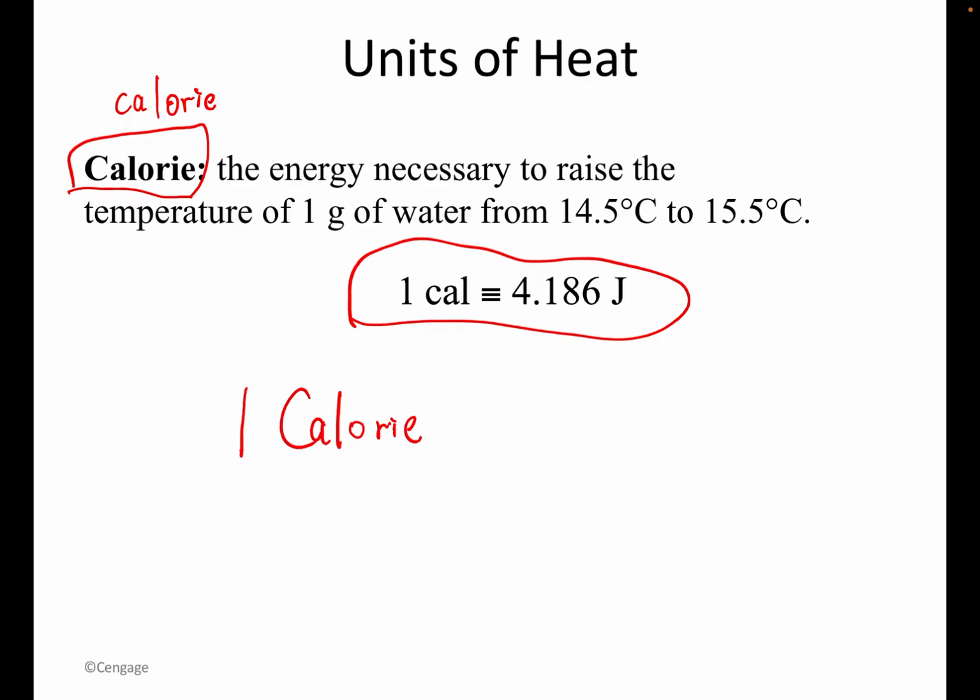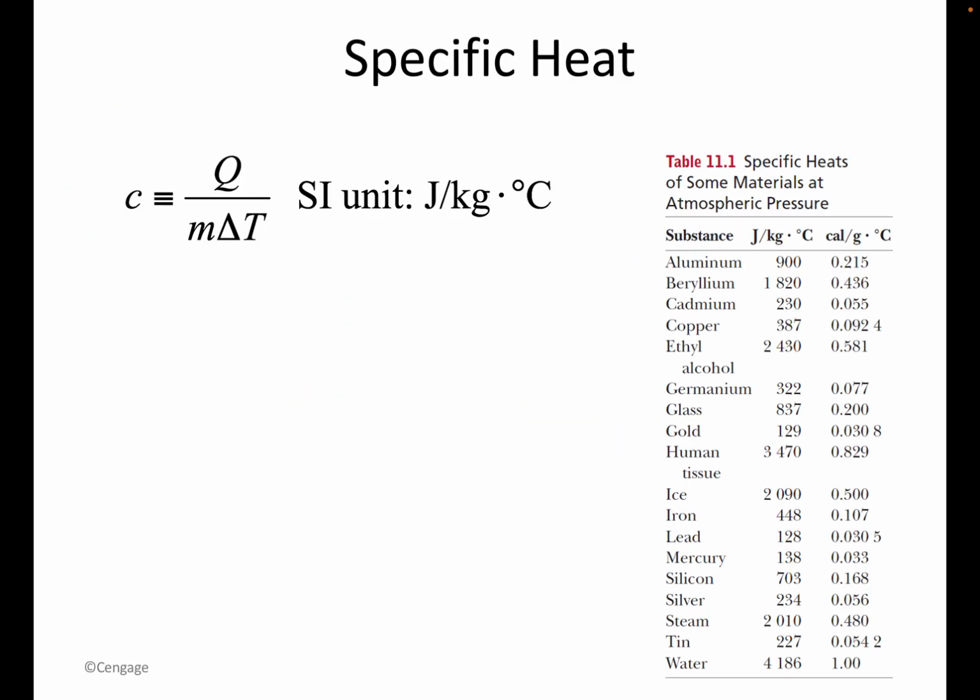The capital Calorie and the calorie differ by a factor of 1000. So this is 1000 lowercase calories, which is 4186 joules.